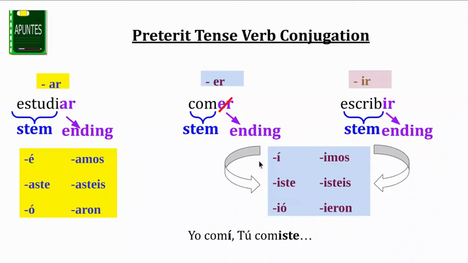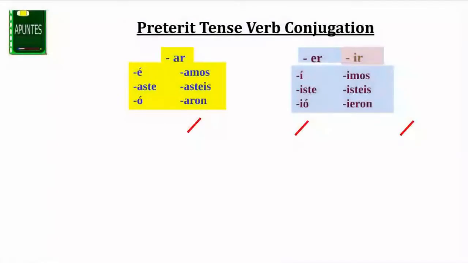For example, en el caso del verbo comer, yo comí, tú comiste, etc. We have now our new set of endings to conjugate the verbs in the preterite form. Remember that we are describing past events now.